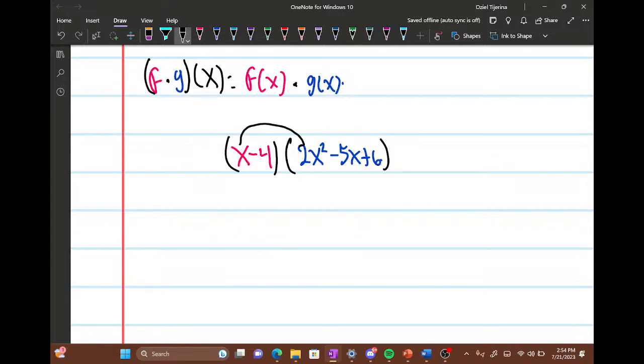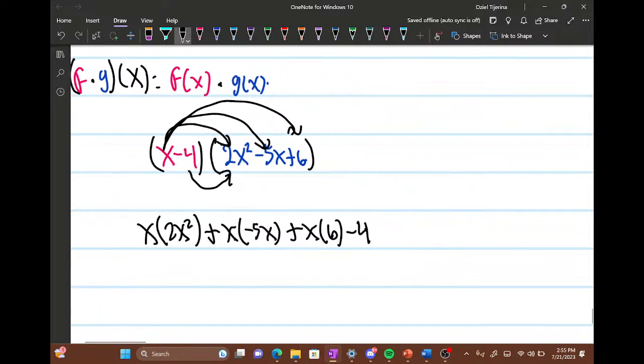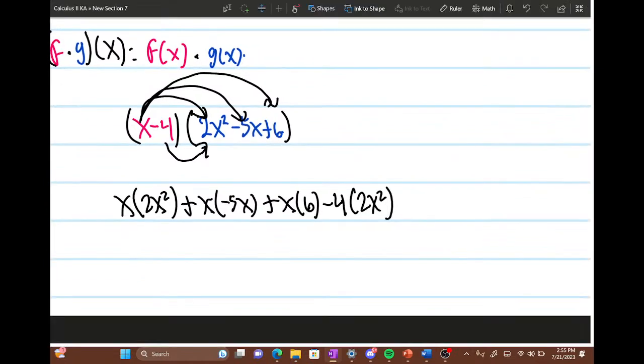So we have x times 2x squared, plus x times negative 5x, plus x times 6, and then minus 4 times 2x squared. And actually, let me zoom in. My bad.